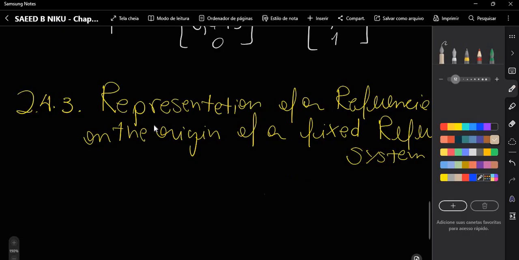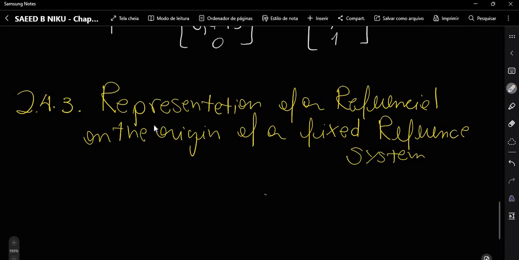And let me take some notes on this point, which is really important: referential and fixed reference system.